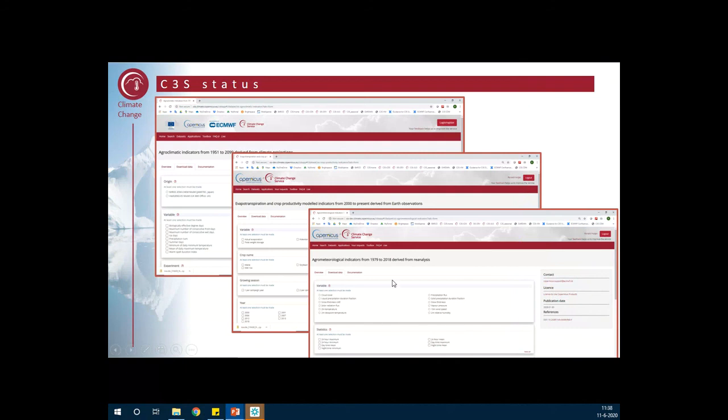And the AgERA5, the agrometeorological indicators, are also very close to publication on the open portal of Copernicus already.